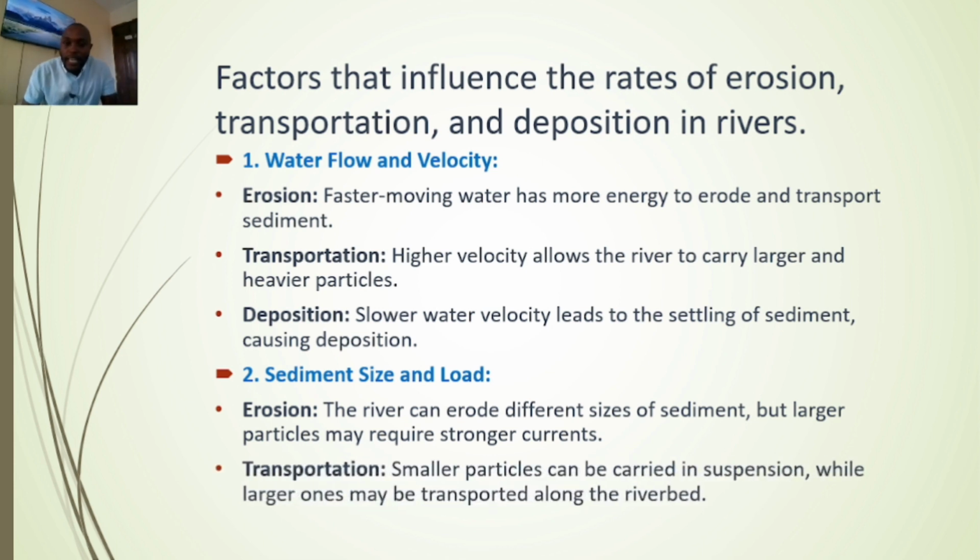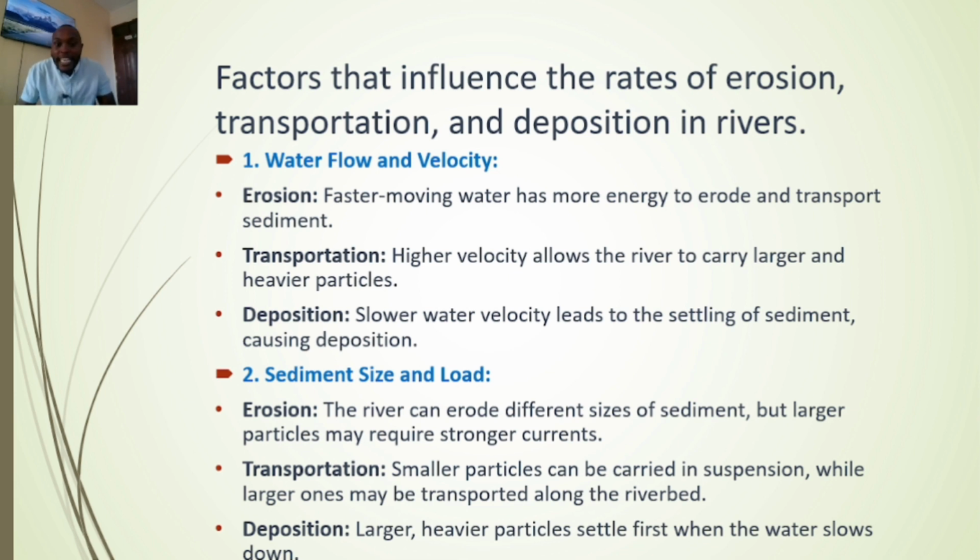Smaller particles can be carried in suspension. Remember we talk about the processes of transportation: suspension, traction, saltation, and also solution. So smaller particles can be carried in suspension, while larger ones may be transported along the riverbed, what we call traction. And then deposition, larger heavier particles settle fast when the water slows down. Remember, one of the major things that causes deposition is the slow water velocity.